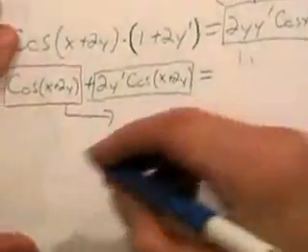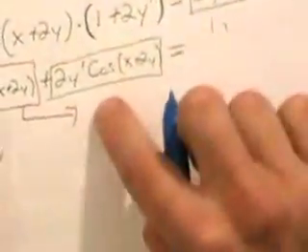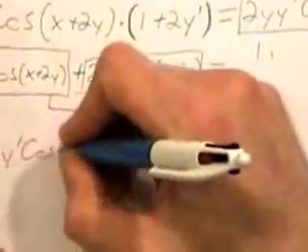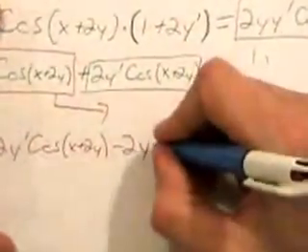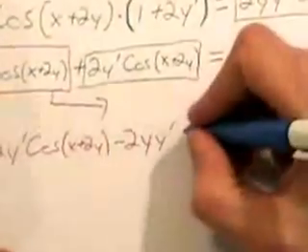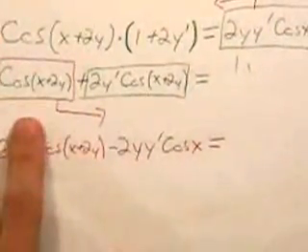So let me just clean that up. That'll be 2y prime cosine x plus 2y minus 2y y prime cosine x equals, and when I move this over, that'll get a minus sign.